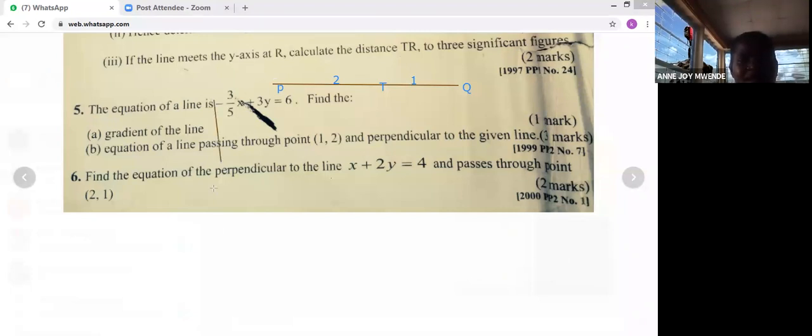I'm drawing a Cartesian plane so that you understand. That is the Cartesian plane. Then I have a point, a line like this. This is point O, where they originate from.